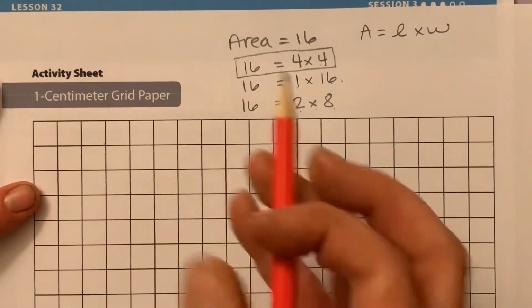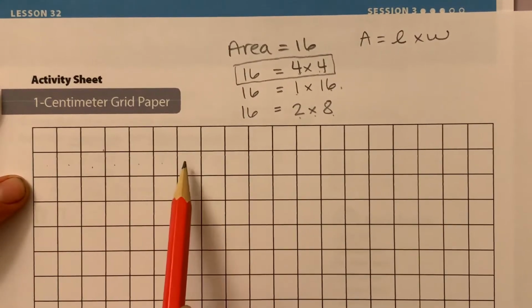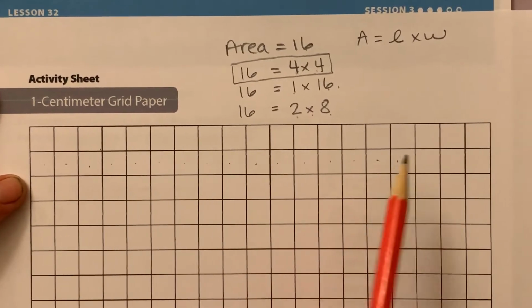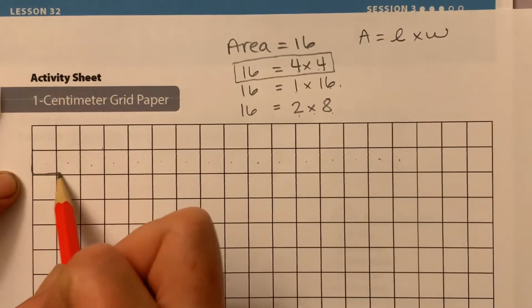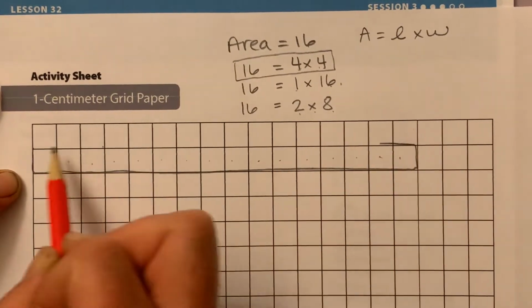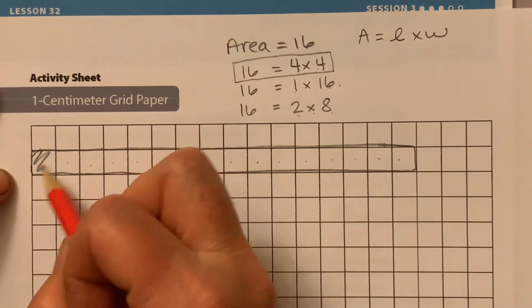We've got to count 16. 1, 2, 3, 4, 5, 6, 7, 8, 9, 10, 11, 12, 13, 14, 15, 16. I could make this long, skinny rectangle. Okay, do you see that? Long, skinny rectangle.